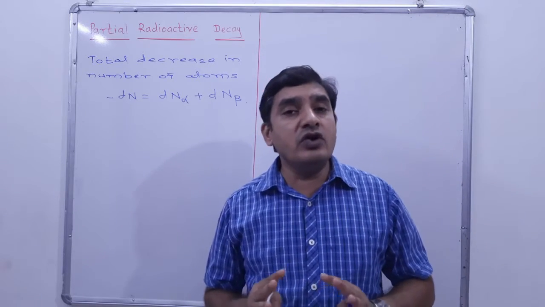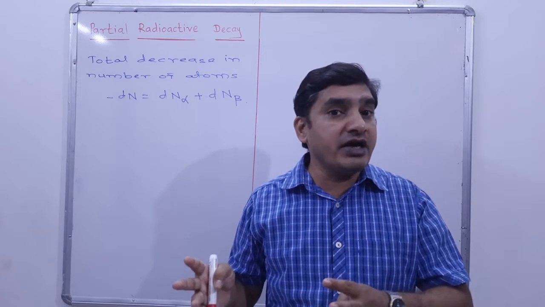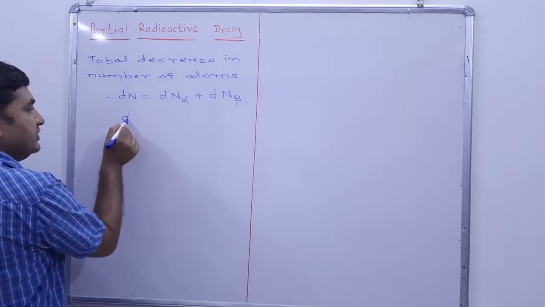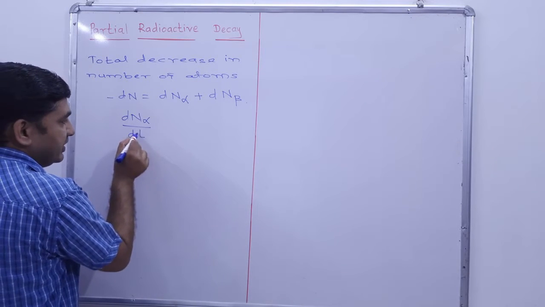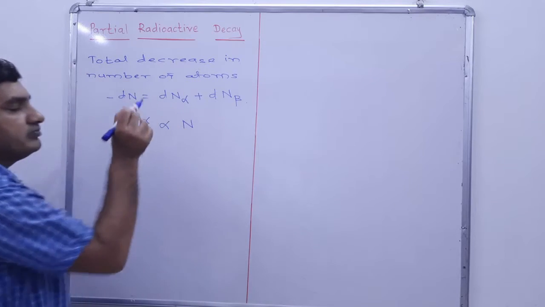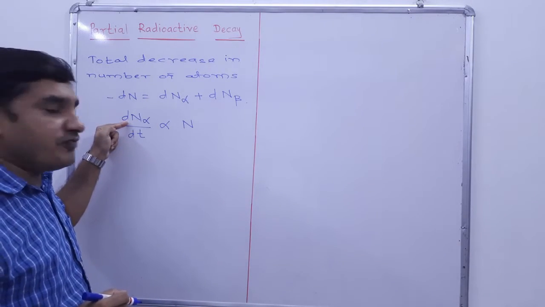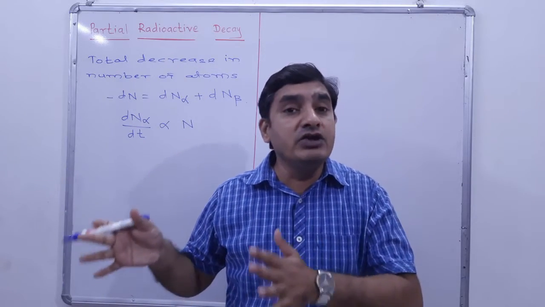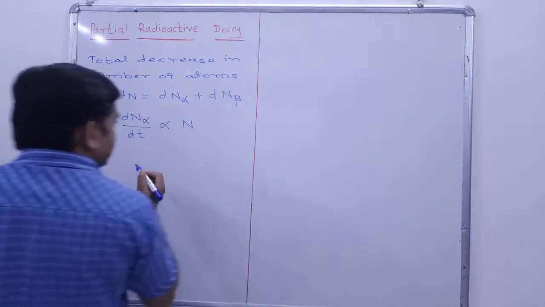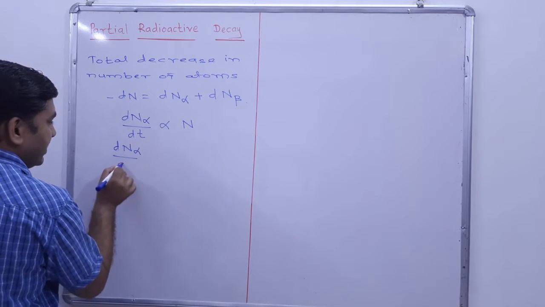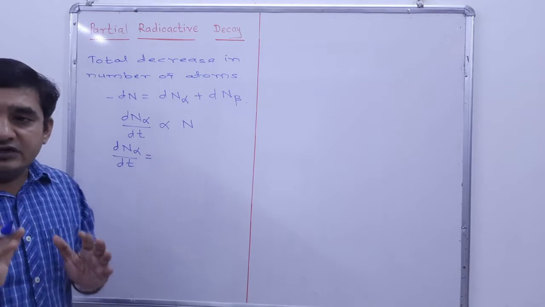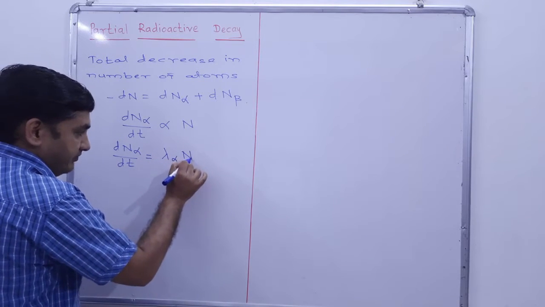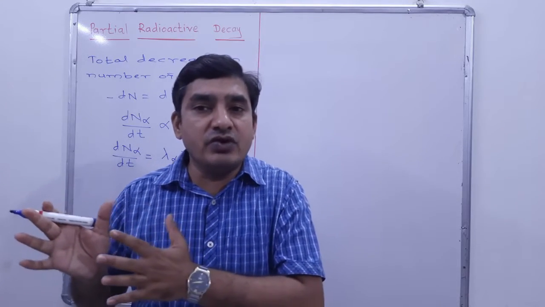According to the law of radioactive decay, the rate of disintegration of alpha particles, dN alpha divided by dt, is directly proportional to N. So this can be written as lambda alpha into N when we consider magnitude only.